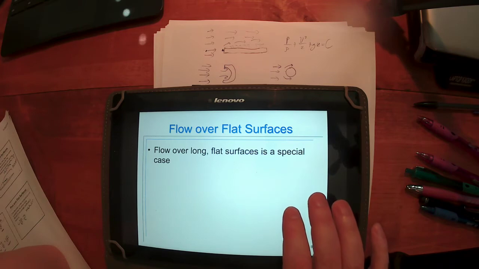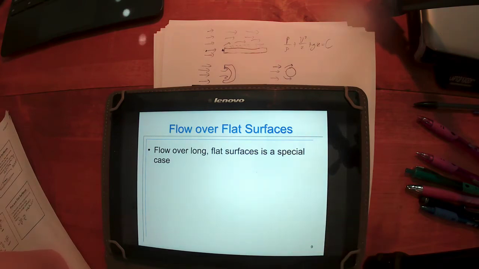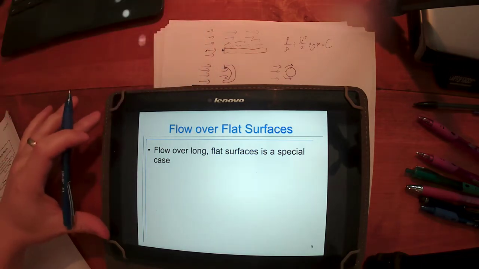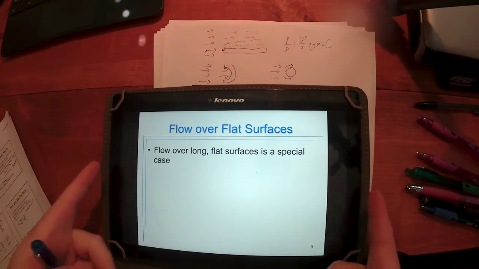Okay, now, but if I've got flow over a long flat surface, and I think I assigned a homework problem or two that are long flat surfaces, kind of like as I've drawn here, the tablet's a nice example of that. I've got a narrow profile here, but a really long surface here.